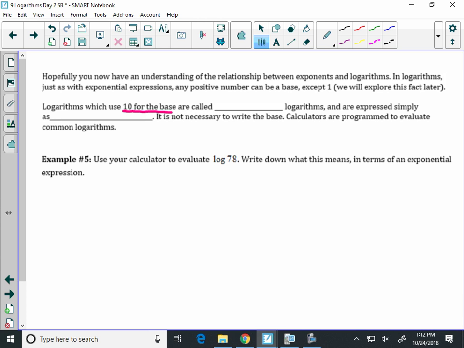That would be like if you wrote log base 10 of something, I'll just use x. Anything with a base 10 is really common, so we call it the common logarithm, because mathematicians are not creative. That common logarithm means that your logarithm has a base of 10.